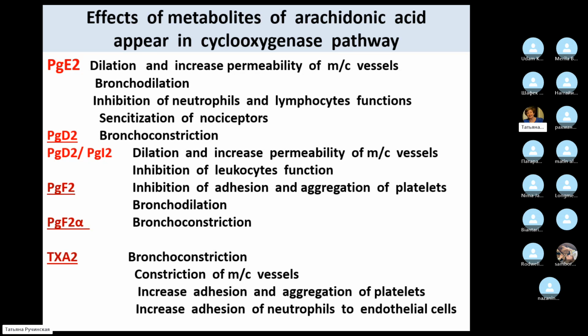And so, prostaglandin E2 will lead to dilation of vessels and increased permeability. Bronchodilation, you see, because some prostaglandins, for example D2 and F2 alpha, lead to bronchoconstriction, and prostaglandin E2 can lead to bronchodilation.